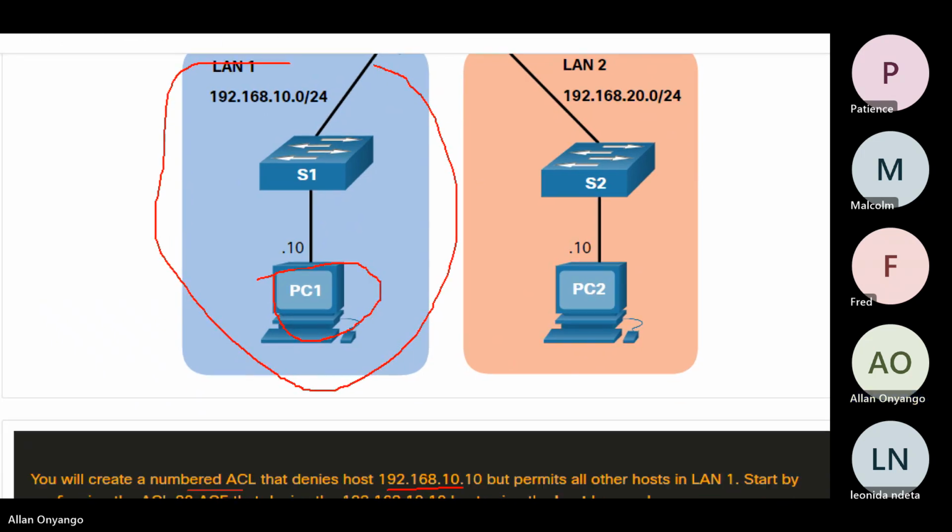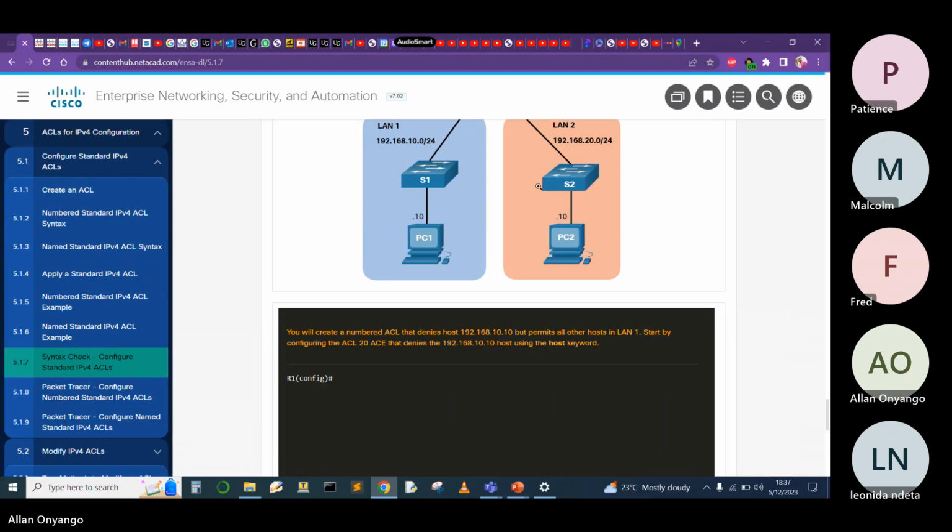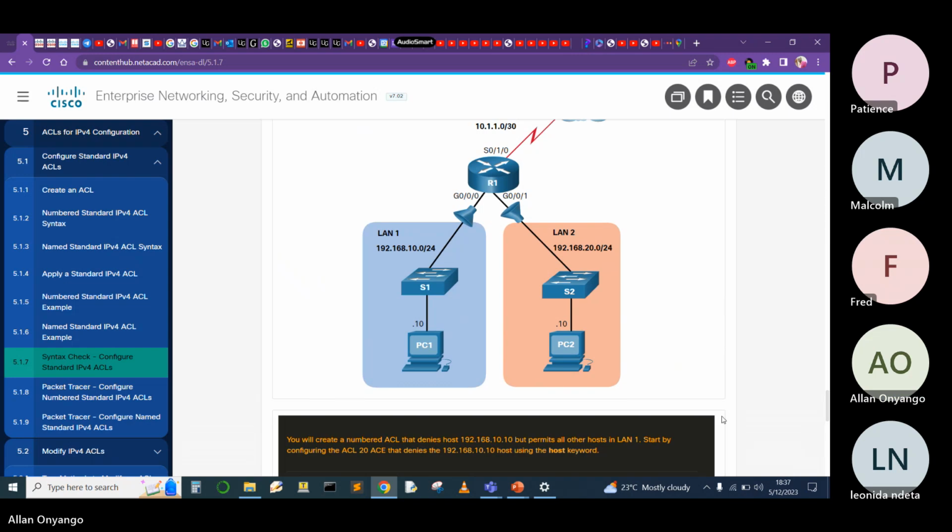We'll start by configuring the ACL, and the number is 20. And we are going to deny the specific host first using the host keyword.